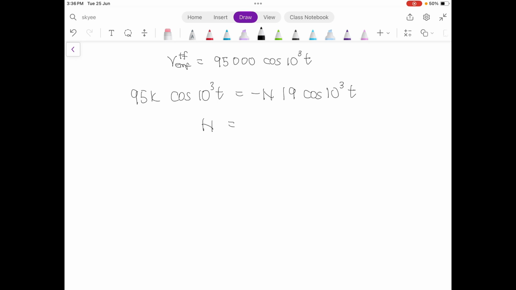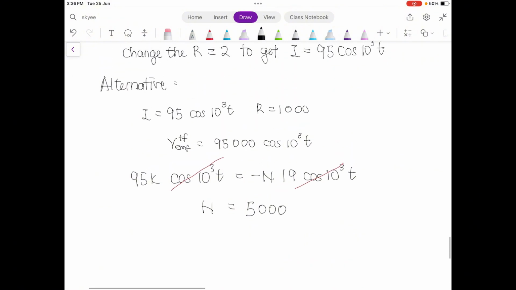You can cancel this to find the n, right? So the n equals 95 divide by 19. So it can be 5000.